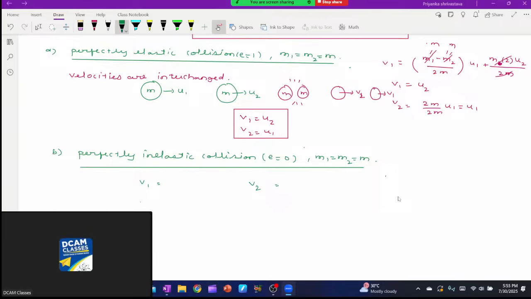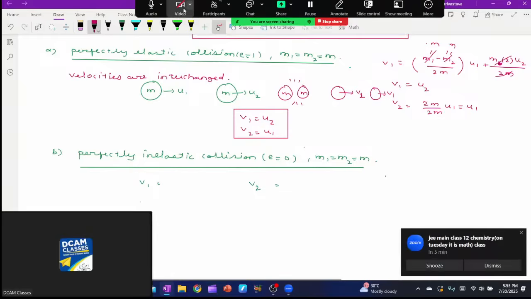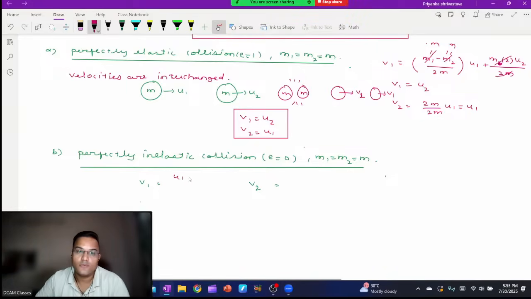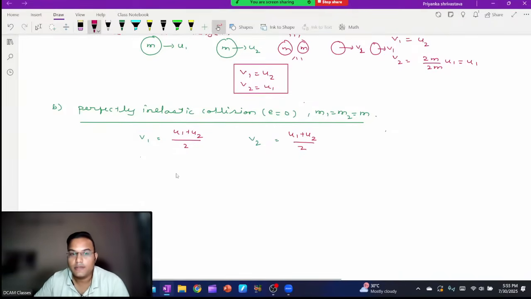u1 plus u2 by 2 for both. v1 is becoming u1 plus u2 by 2 and v2 is also becoming u1 plus u2 by 2. What's the meaning of this? The first body was moving with velocity u1, the second body was moving with the velocity u2.